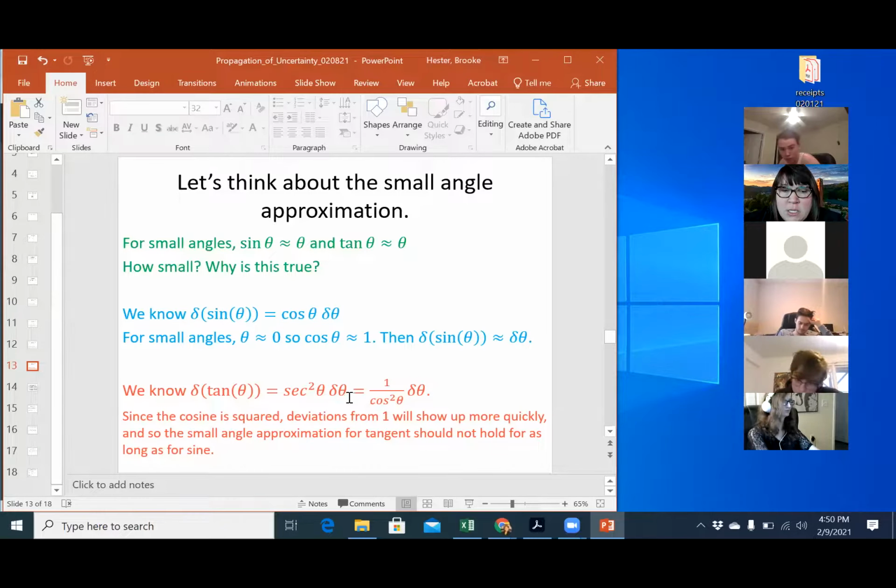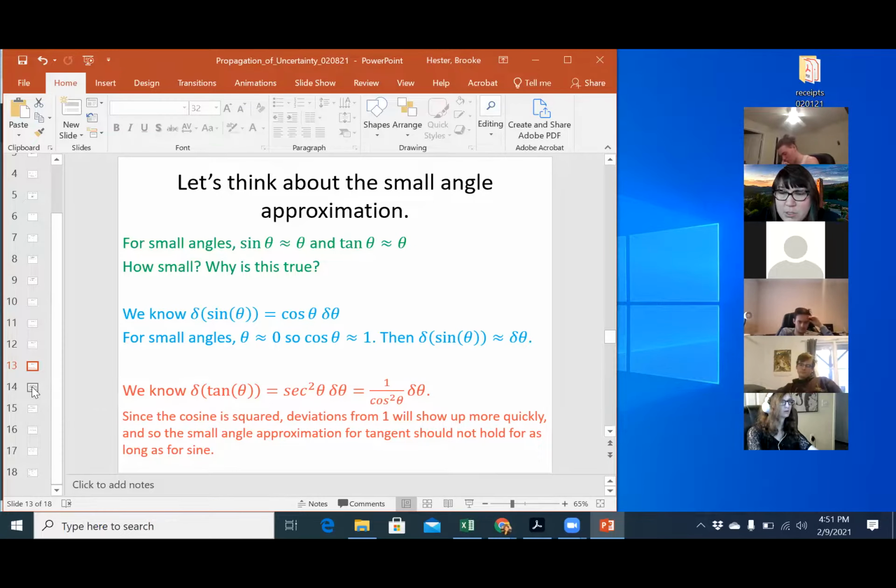Since that cosine is squared there, we get deviations from what the small angle approximation tells us more quickly for tangent than we do for sine, at least with the uncertainties. The uncertainty in the sine of theta is going to be delta theta for small angles and for kind of bigger angles too. But the uncertainty in tangent of theta is not going to be the uncertainty in theta for as many angles as sine.